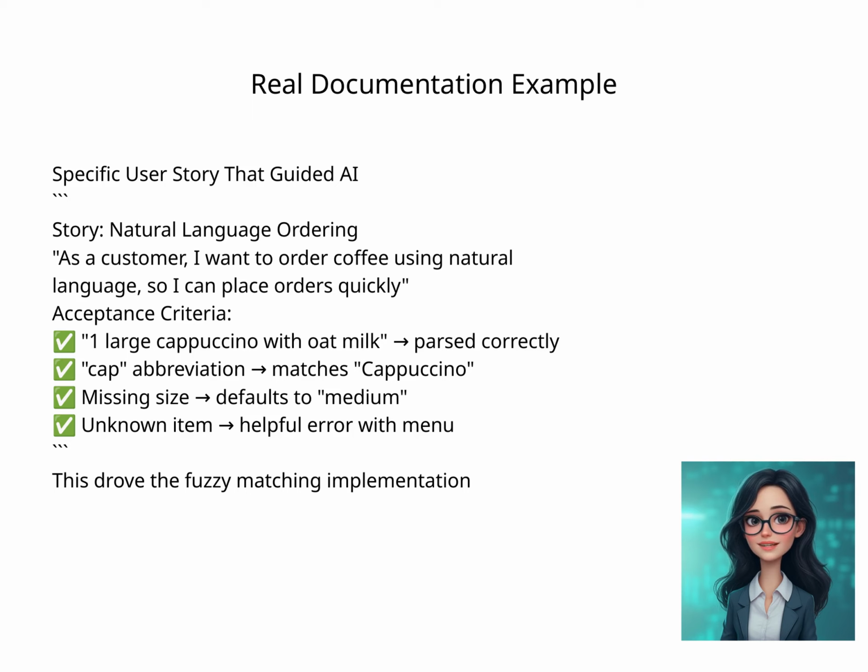This specific documentation drove the AI to implement fuzzy string matching using Levenshtein distance, create alias dictionaries for common abbreviations, and build helpful error messages. Without this context, AI would have generated basic string matching that breaks with real user input.